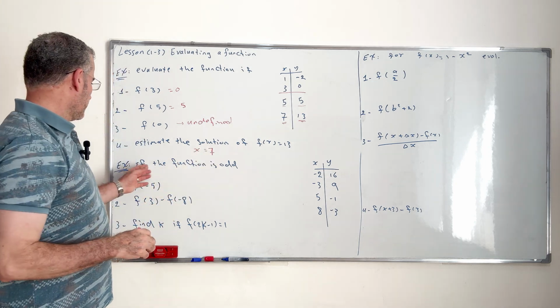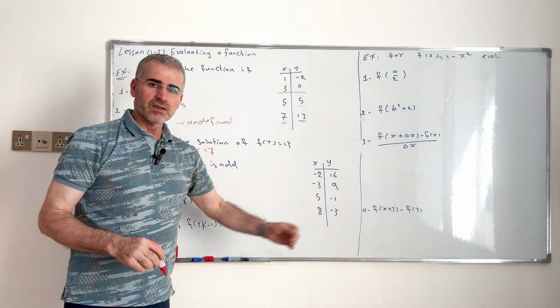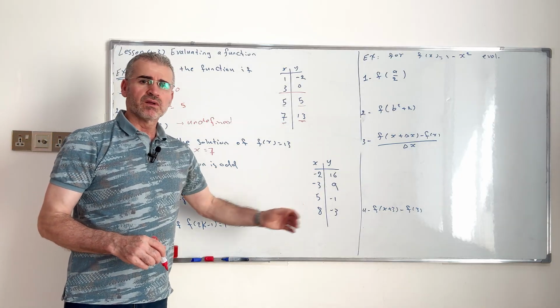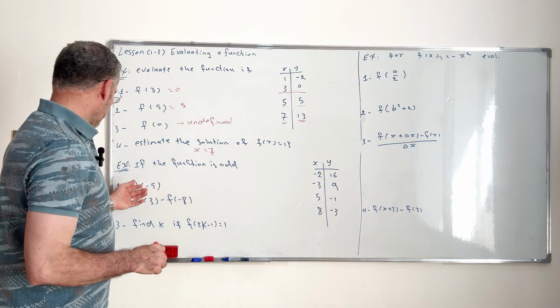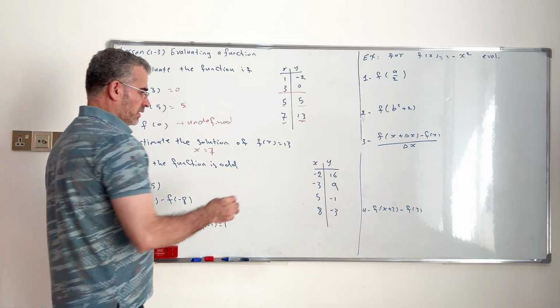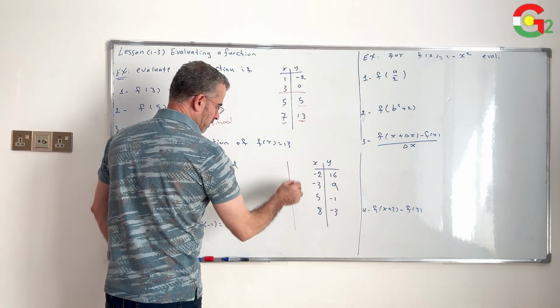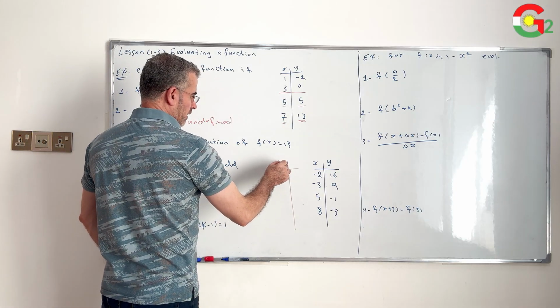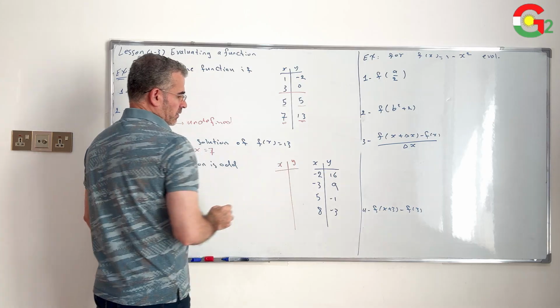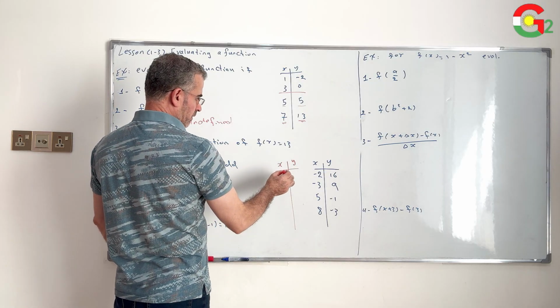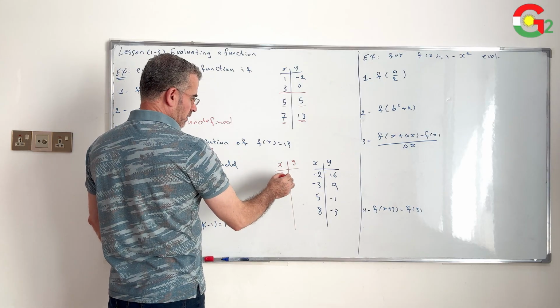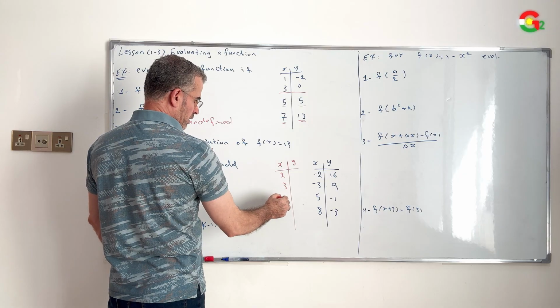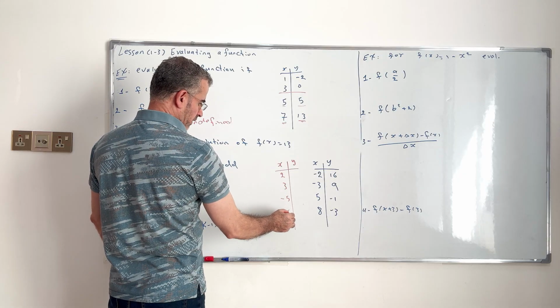Example, if this table is for an odd function, find f of -5. First, I'll make another table for this function, 2, 3, -5, -8.